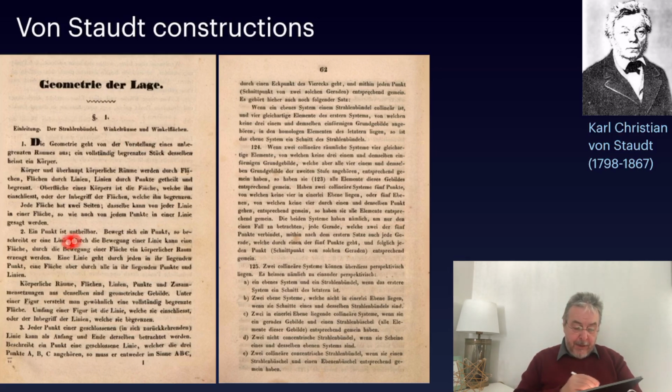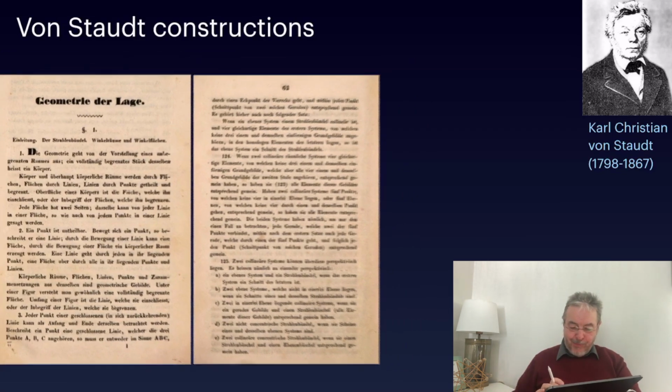Here I've copied 2 more or less random pages of the book, the first page and one of the later pages, and you may recognize, and this is really representative for the whole book, that it just consists of text. Von Staudt had the habit to write his books in a way that they only contained text and neither pictures nor formulas.